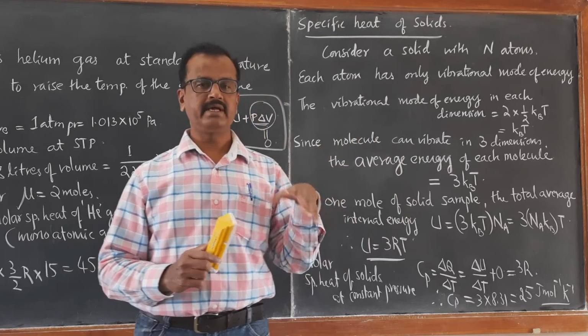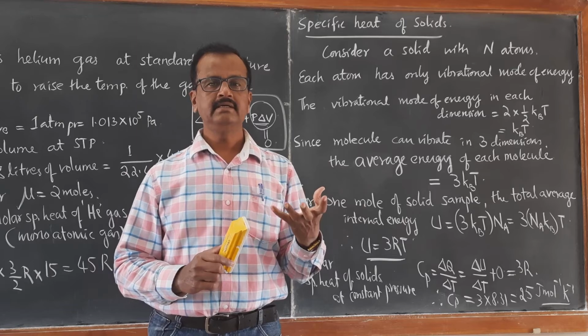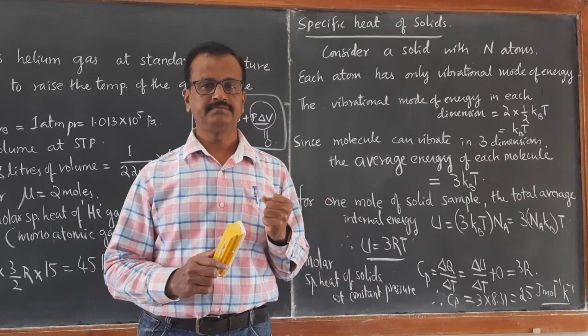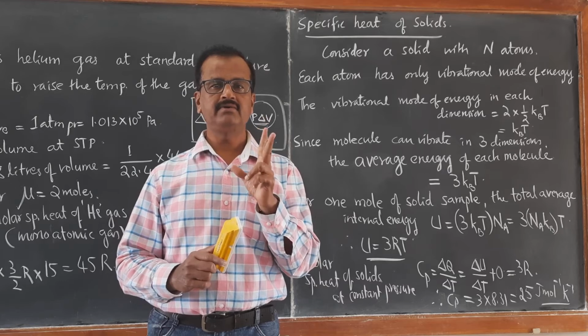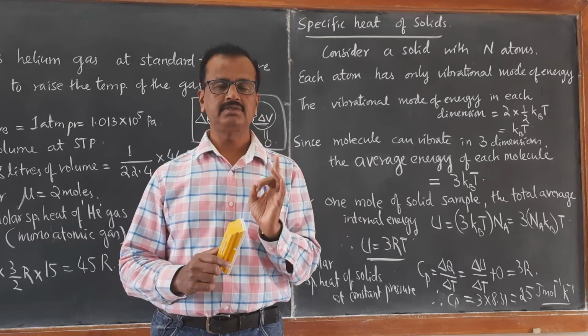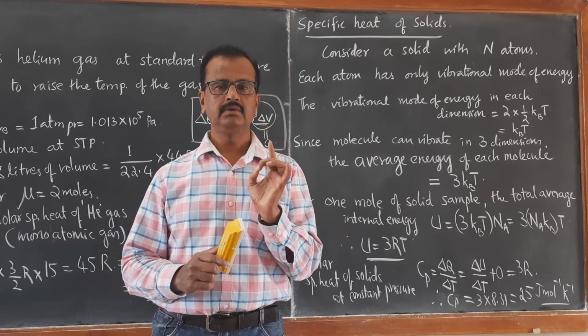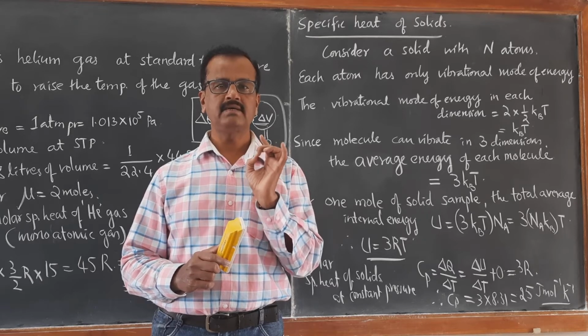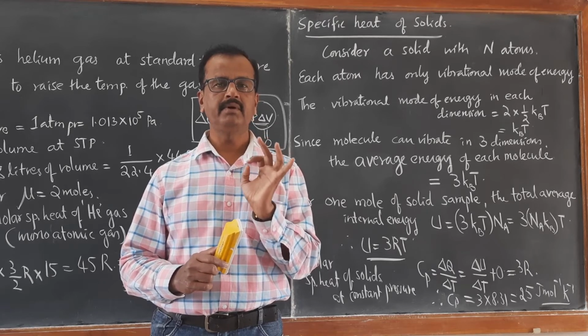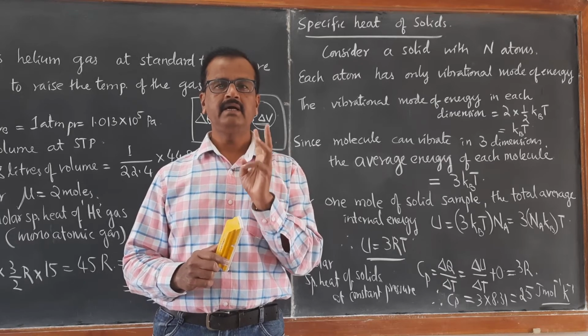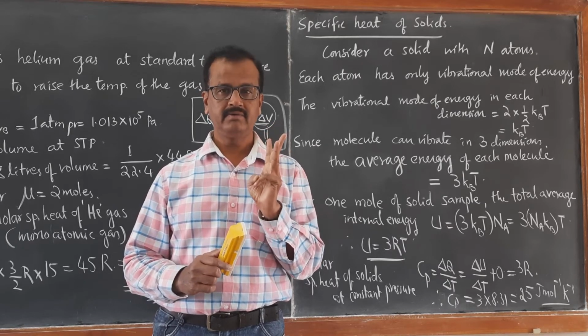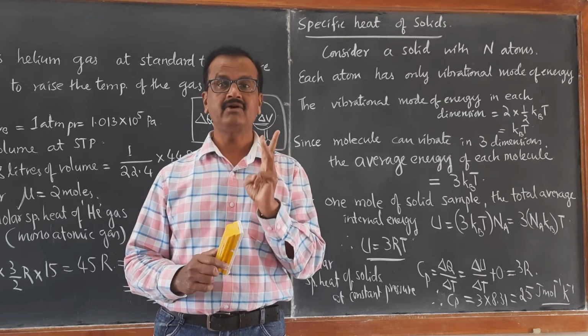In the same way, we can calculate the specific heat of water. Water consists of 2 atoms of hydrogen and 1 atom of oxygen. So the water vapor molecule has 3 atoms, and it is a triatomic gas.